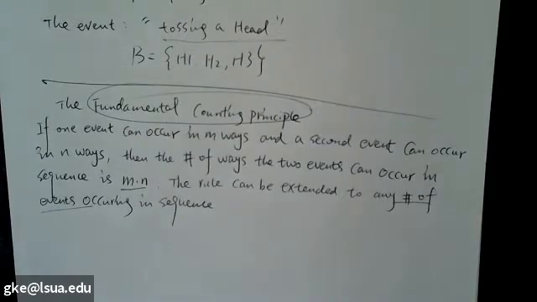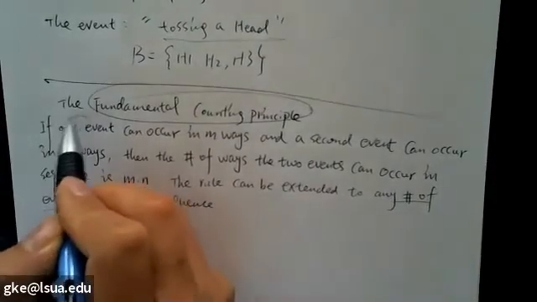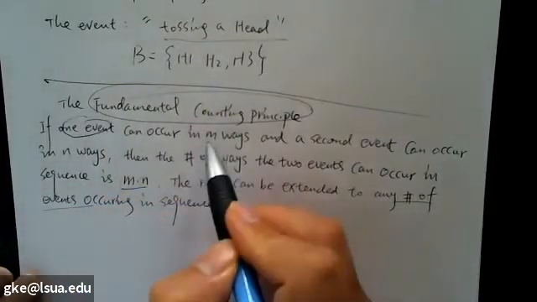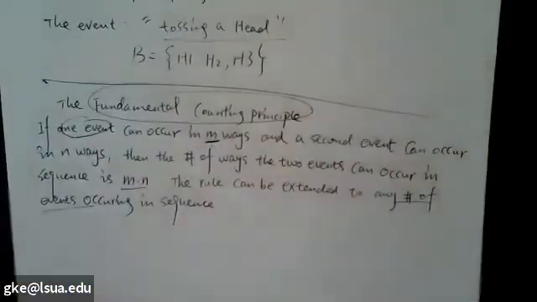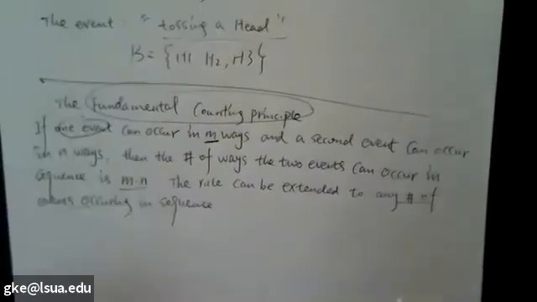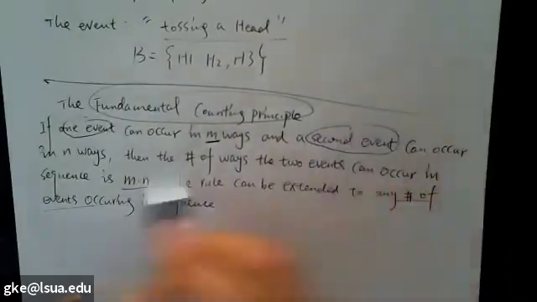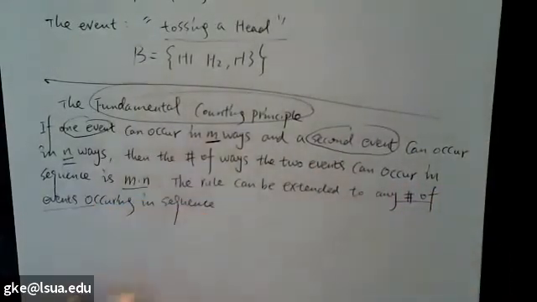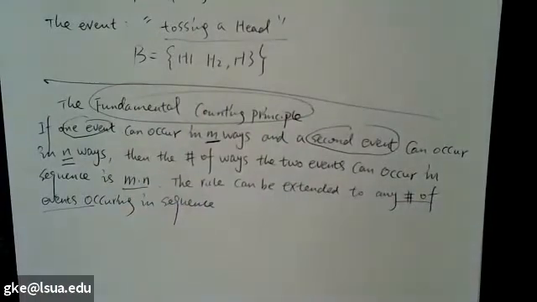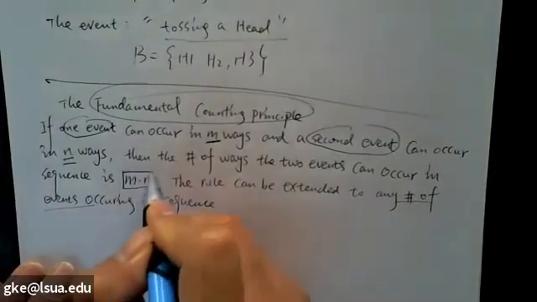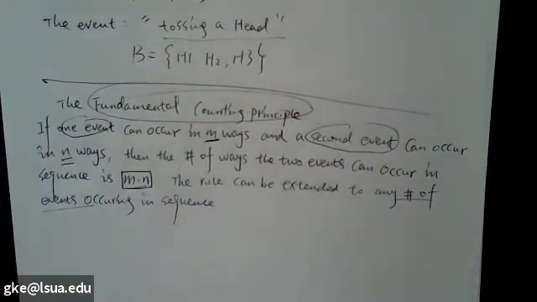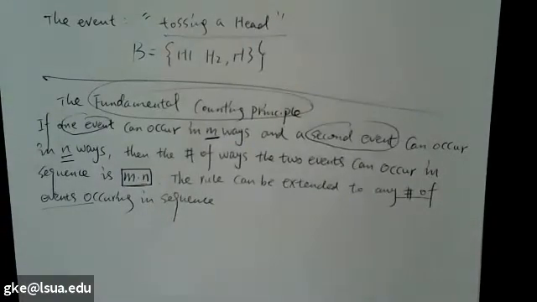For example, one event occurs in m ways, and the second event occurs in n ways. So how do we calculate the total number of ways of these two events? That should be m times n. Let me give you guys an example.